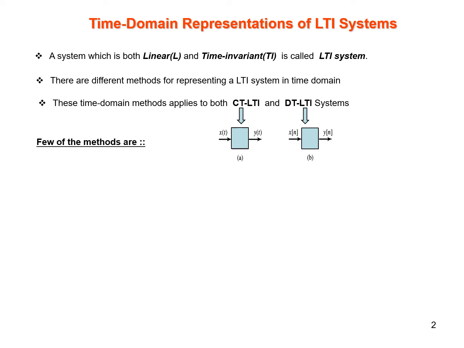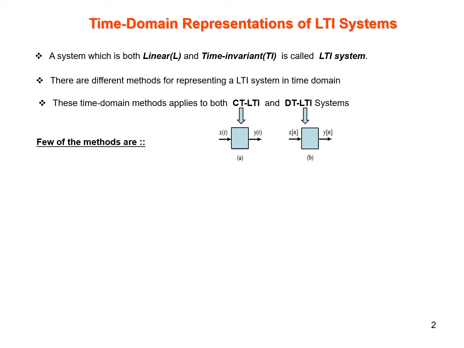There are many methods of representing LTI systems in time domain. When I say time domain, I'll be representing those systems as a function of time, a continuous variable. Of course, when I want to represent in a digital form, I should sample the time. So once again, the signal still remains in time domain only, but in the sampled form.